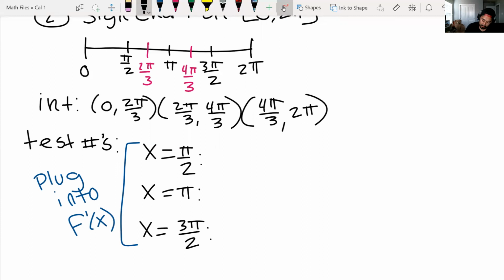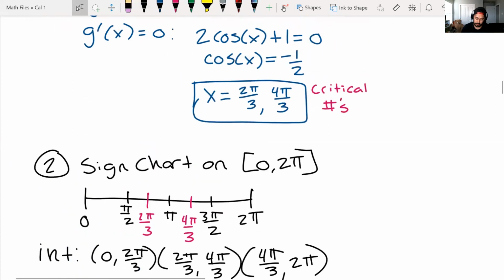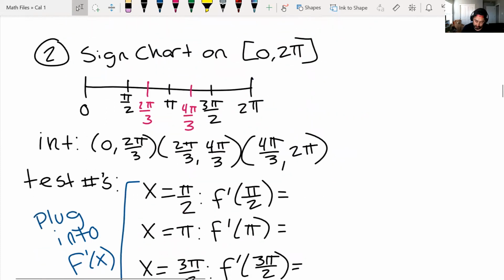So I'll have f prime of pi over 2, f prime of pi, and f prime of 3 pi over 2. Use my calculator trick and make sure you are in radians, okay? Make sure you're in radians. So I'll look at my first derivative. 2 cosine x plus 1. And then I'll type in these values.